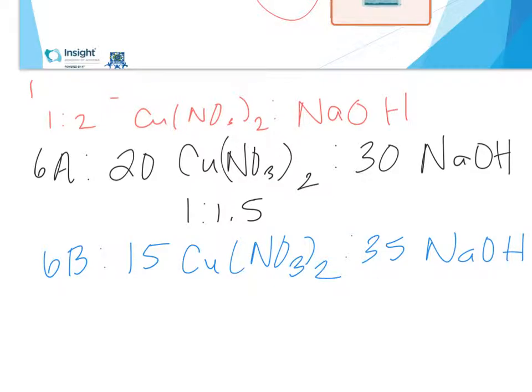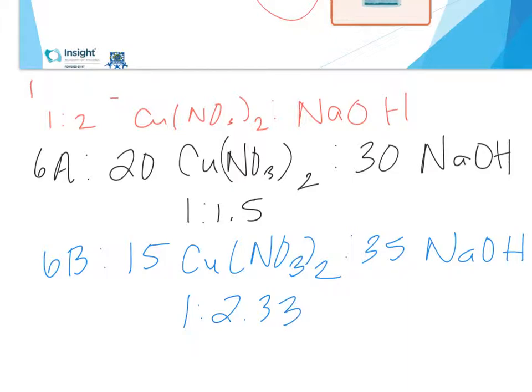If I simplify that down, I divide both numbers by the smaller one. 15 divided by 15 gives me 1, and 35 divided by 15 gives me 2.33.